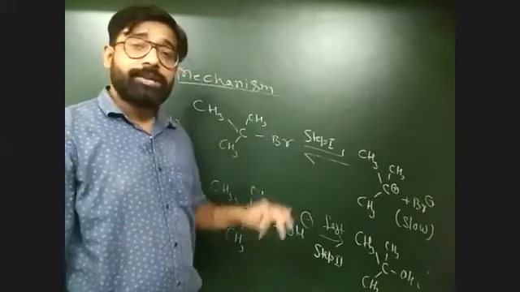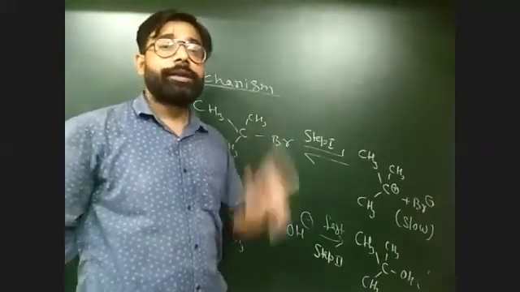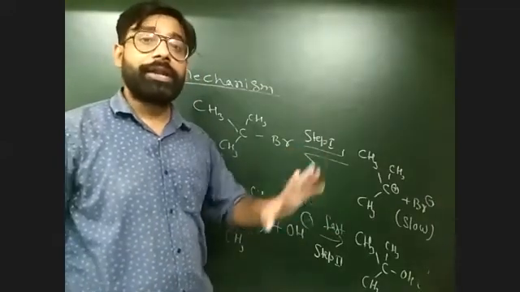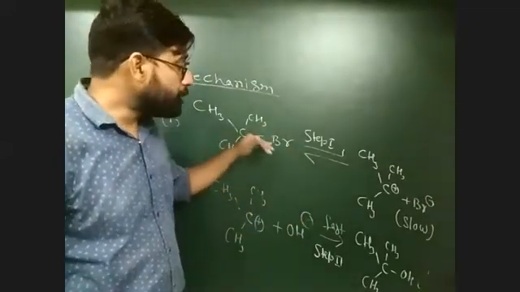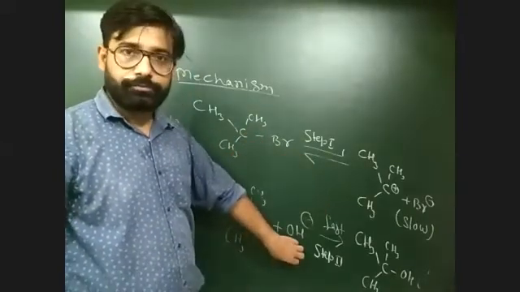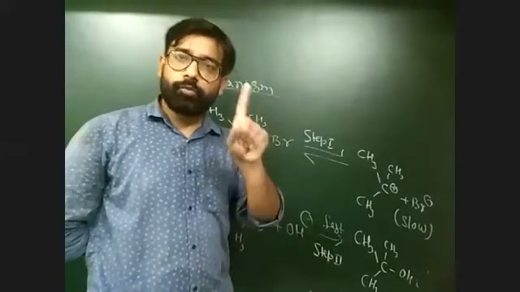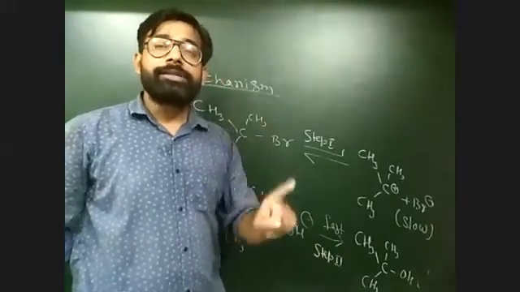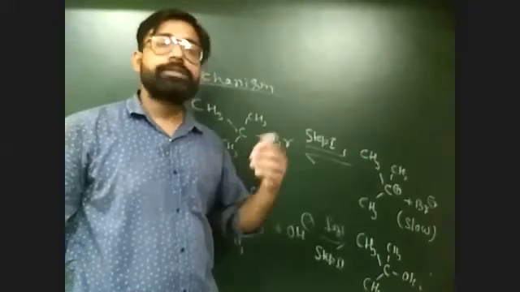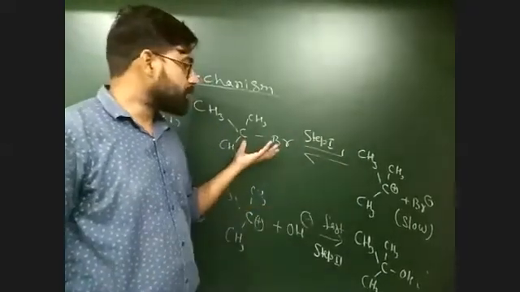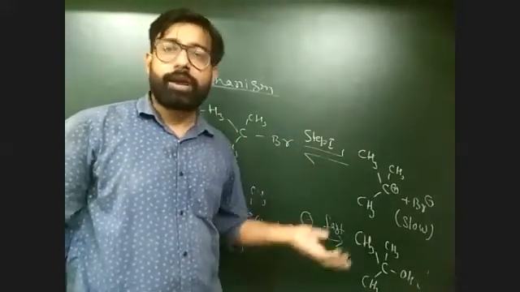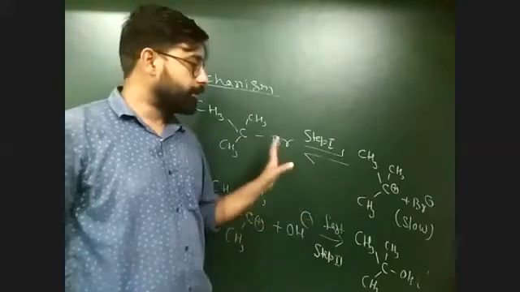So SN1 means the rate depends upon the concentration of one reactant, that is, the substrate, not the OH. If the substrate is more stable, that means formation of carbocation is easier.